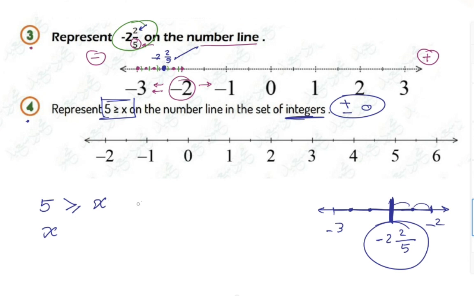If you start from this x, it's x less than or equals 5. It's the same. From the left, 5 greater than or equals x. From the right, x less than or equals 5.